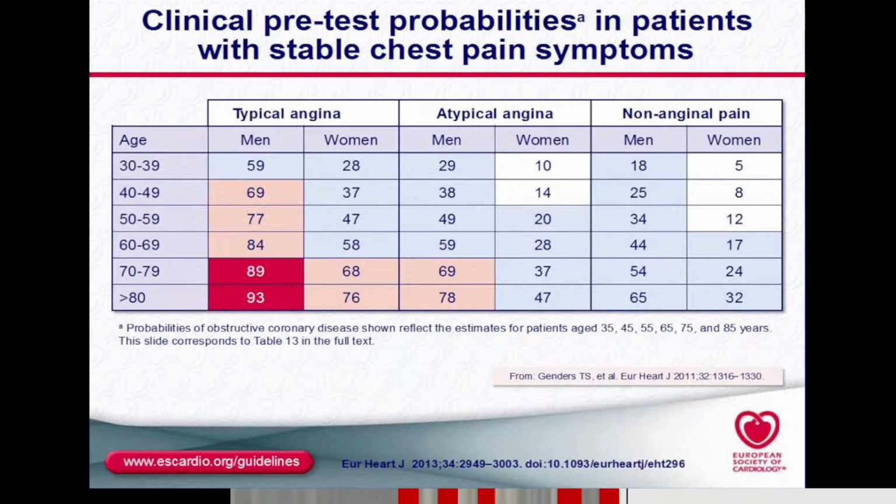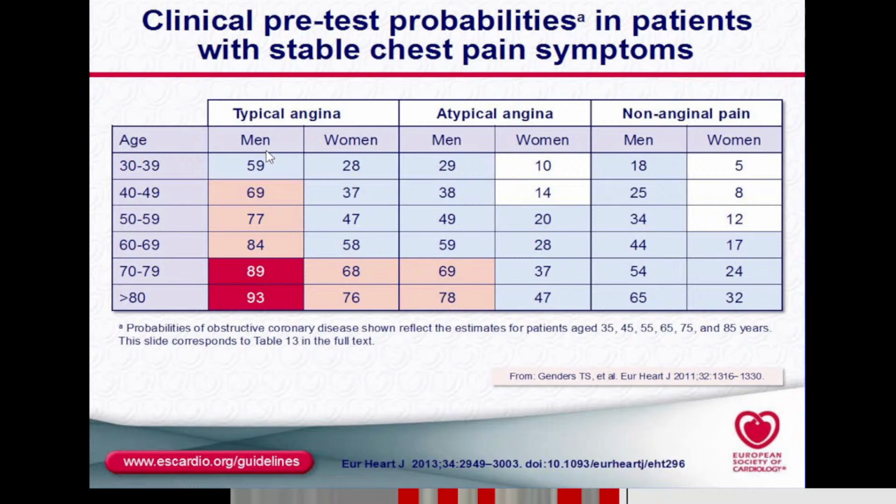I want to draw your attention to this slide because it shows the clinical pretest probabilities in patients with stable chest pain symptoms. And some people say that coronary artery disease is a different disease in the male and female populations.